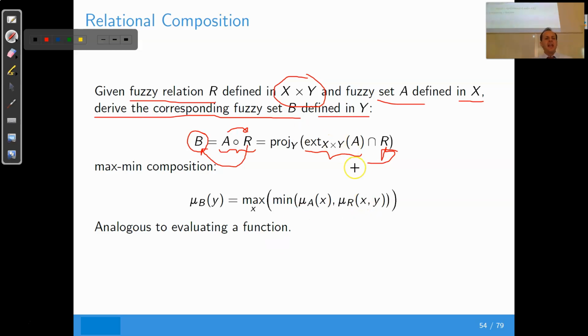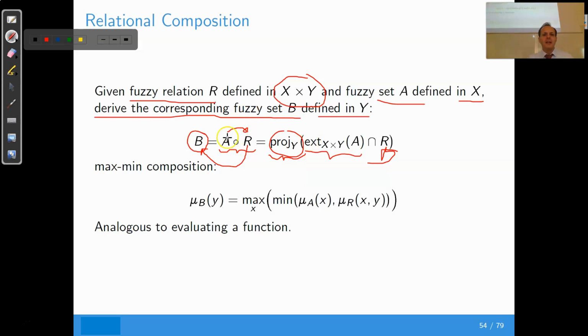In this case you obtain, as you remember, a multi-dimensional set. Then, to obtain again a one-dimensional set, you need to project this multi-dimensional shape onto the domain Y, and you obtain a fuzzy set B.